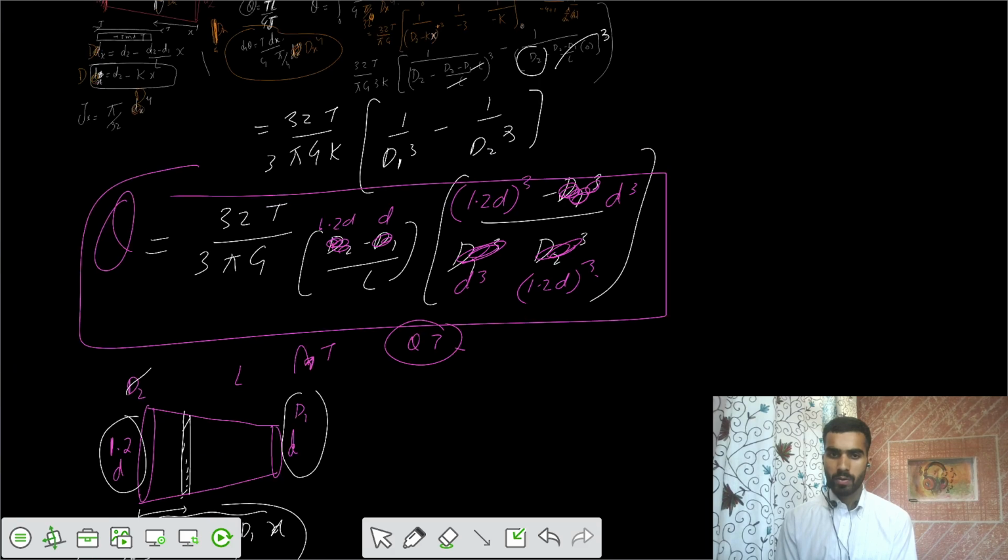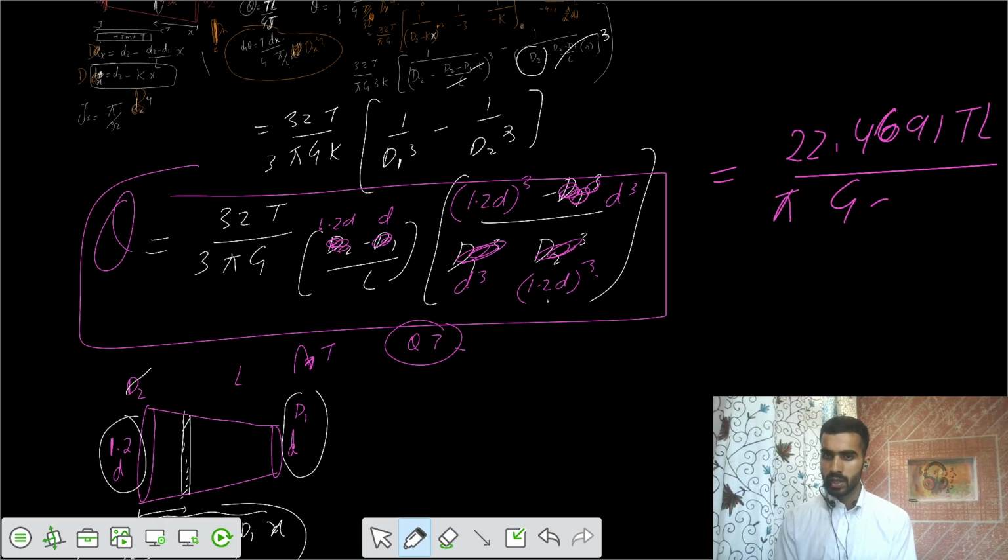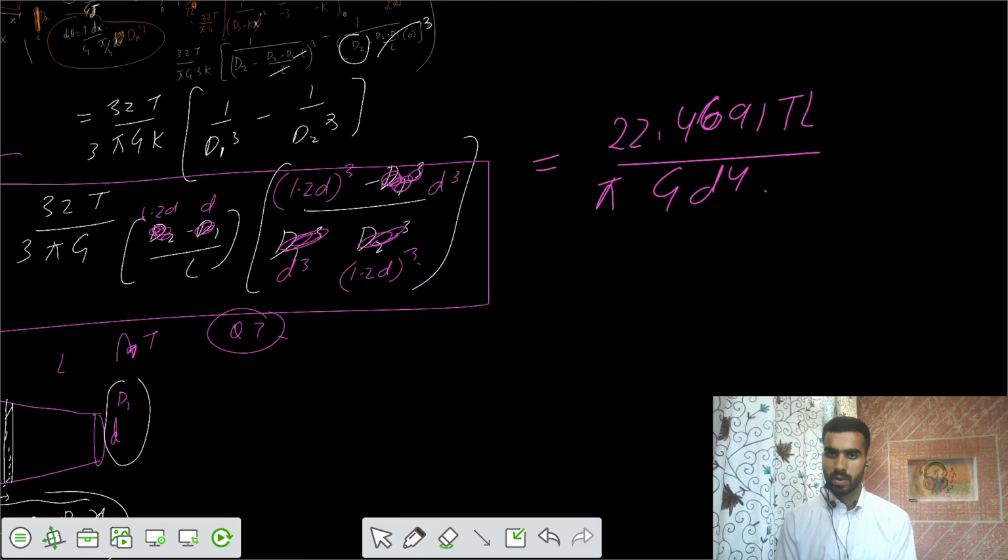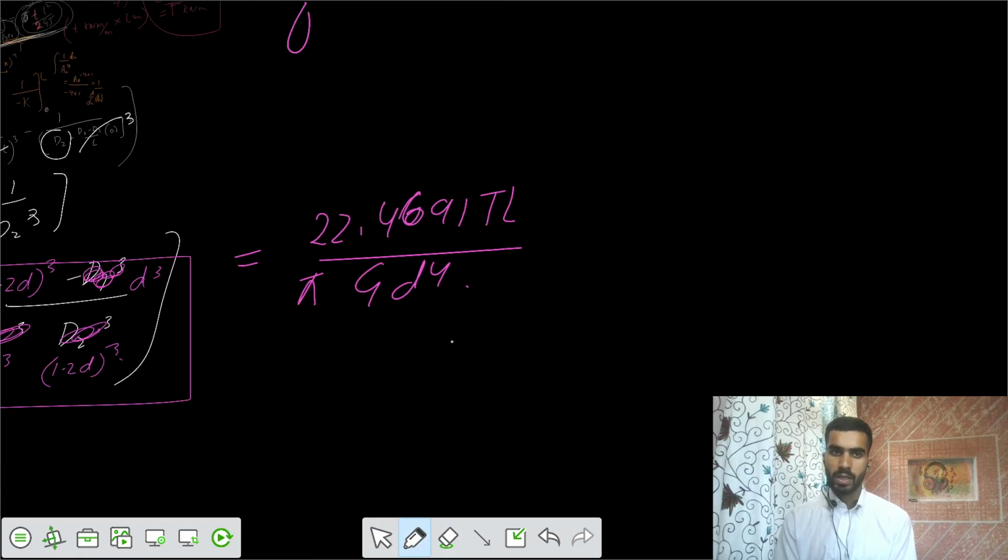You would get a value of theta equals 22.4691 TL by πG d to the power 4. So we know the theta equation we have is theta equals TL by GJ.